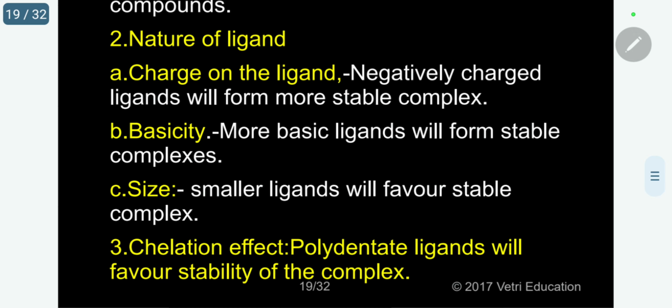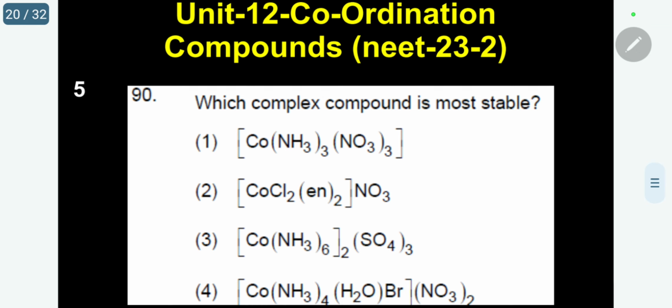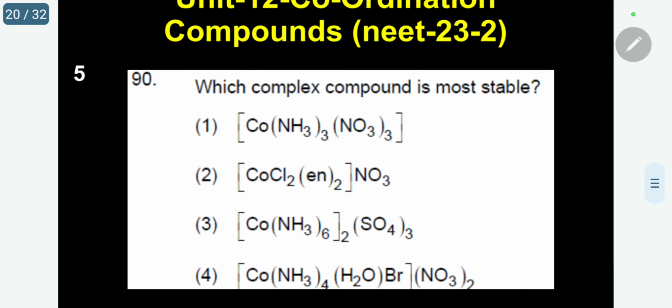And chelation effect: polydentate ligands will favor more stability of the complex. Kindly follow. So automatically the correct answer is 2. Ethylene diamine is didentate, and with the didentate ligand two times, it is more stable.